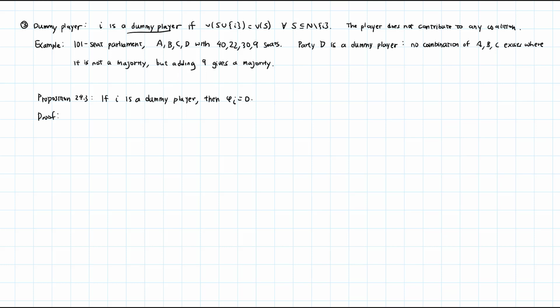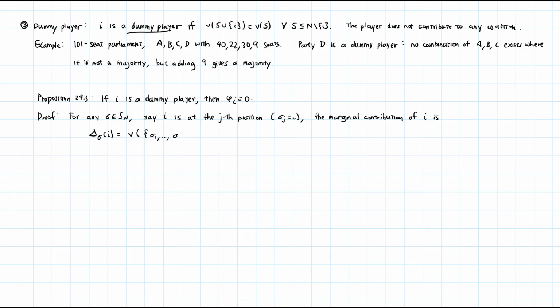For our proof, we take any permutation sigma and suppose that player i is at the jth position in the permutation, so sigma j is equal to i. The marginal contribution of i is delta sigma of i, which is equal to v of sigma 1 to sigma j minus 1, and then i, minus v of sigma 1 to sigma j minus 1.